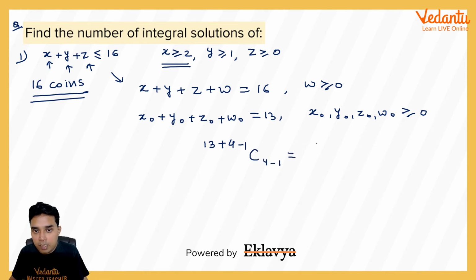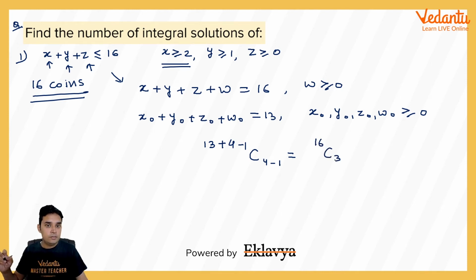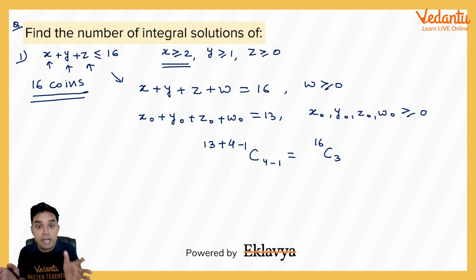So the answer will be 13 plus 3, that is 16 C 3. That will be the answer. This is how you can do this question, and I have taken this question with a variety of conditions in one question, like less than or equal to and x greater than or equal to.